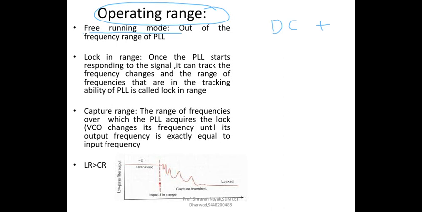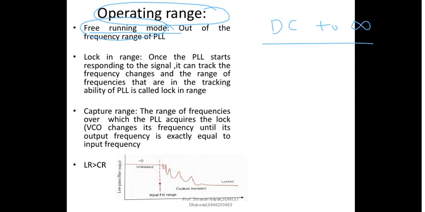It is definitely not possible. Therefore, there are certain ranges of frequencies to which your phase locked loop should be able to respond. Anything beyond that is called the free running mode. At that time your phase locked loop will not be able to respond to those ranges of frequency.